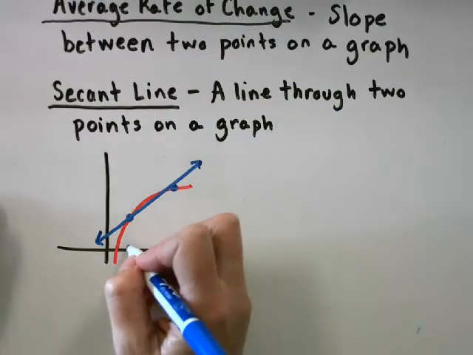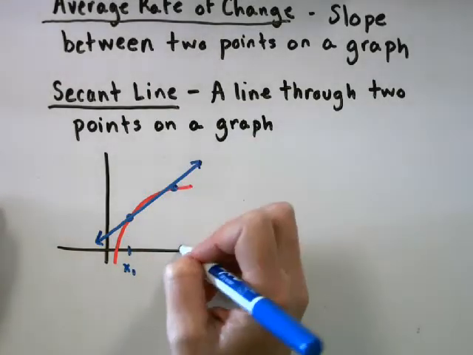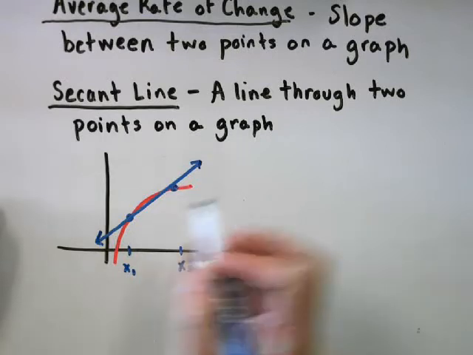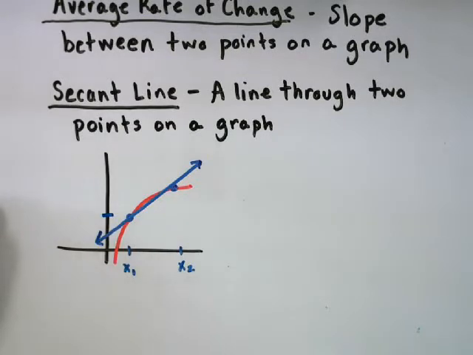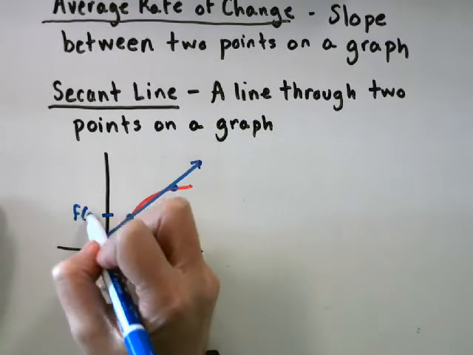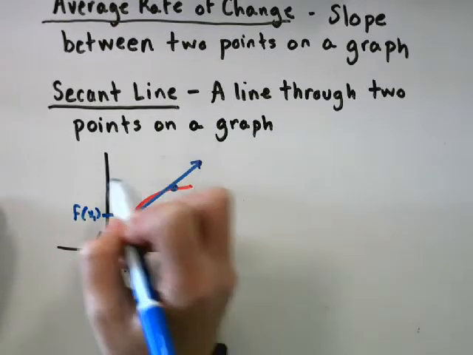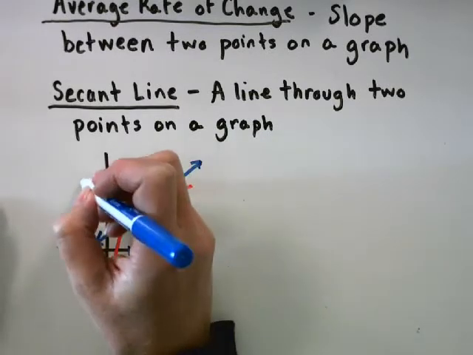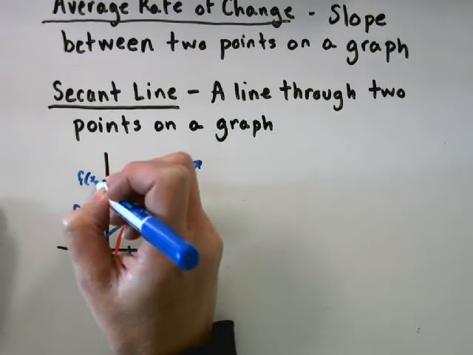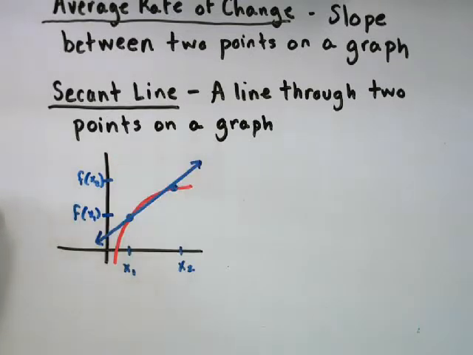So I'm going to call this x1, call this one x2. This then, the y value, is going to be f of x1. This y value is going to be f of x2.